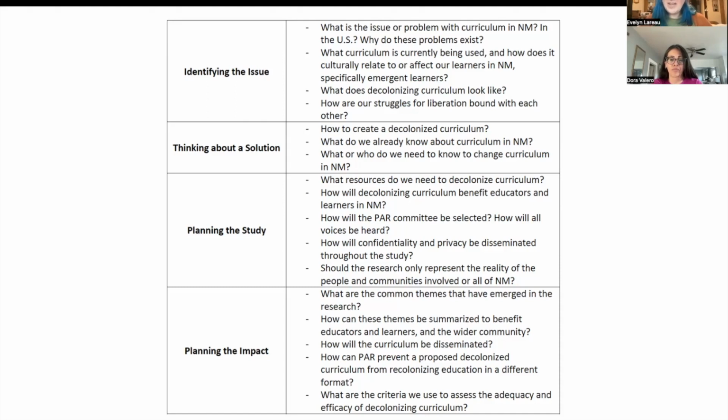If you do one thing or you don't relook constantly, you could be doing exactly the same damage that you were trying to prevent. And what are the criteria we use to assess the adequacy and efficacy of decolonizing curriculum? I think that really plays into our discussion this week about authenticity, and the ethics of really looking at the data and looking at the researcher.